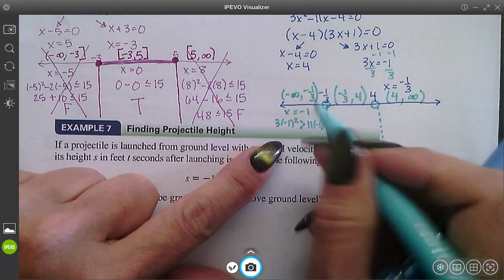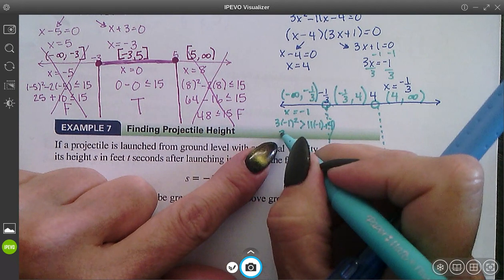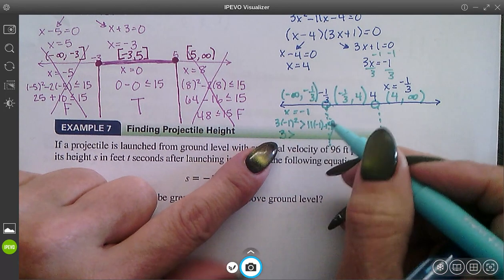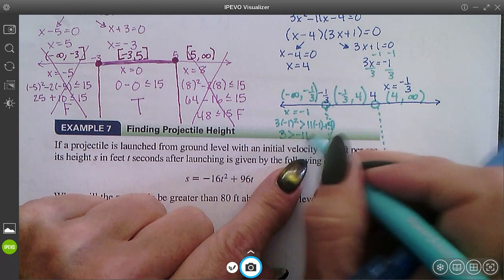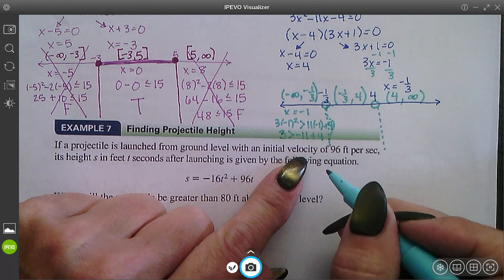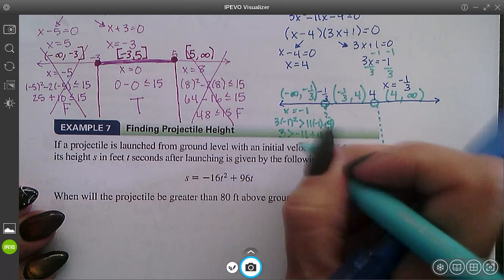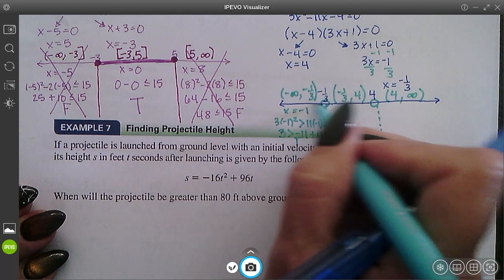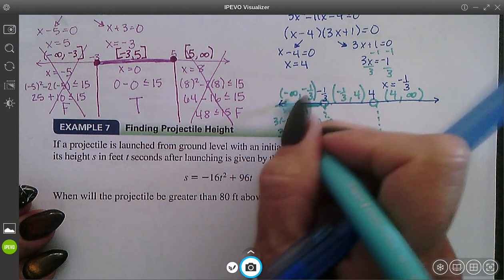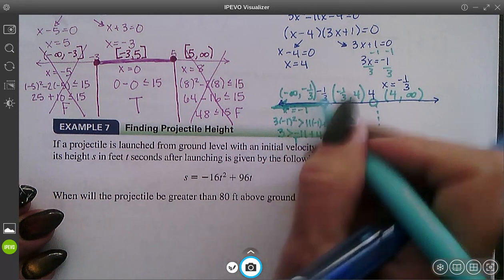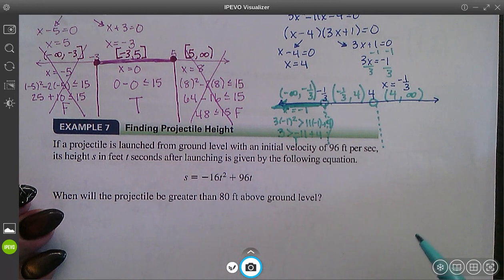Negative 1 squared is 1 times 3 is 3. So is 3 greater than negative 11 plus 4? Negative 11 plus 4 is negative 7. So yes, 3 is bigger than negative 7. So this section gets shaded, and this interval is part of my solution.